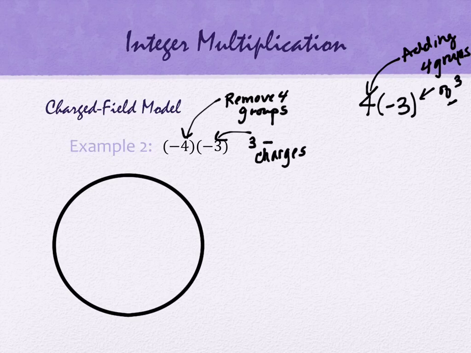The problem is that because there's nothing in my circle to start with, the removing requires us to do something creative at the beginning. That is putting in these 12 black and 12 red chips to start. So on this one, I need 12 positive charges to balance out my initial need for 12 negatives.